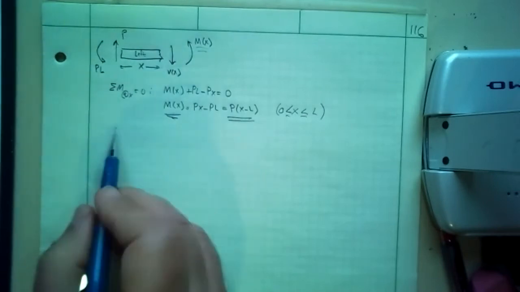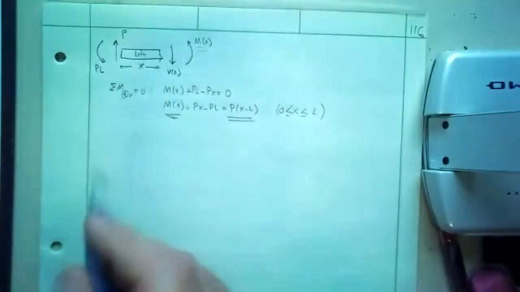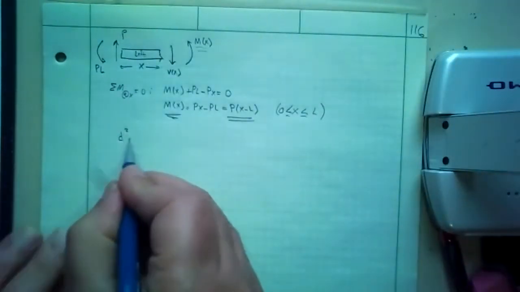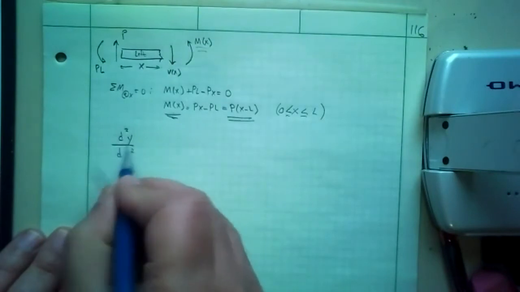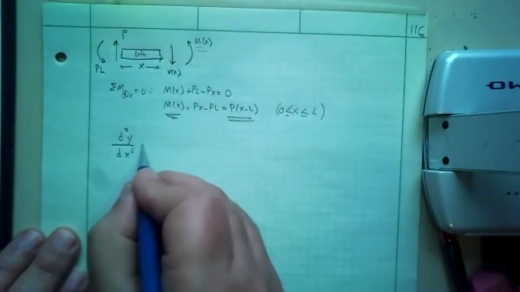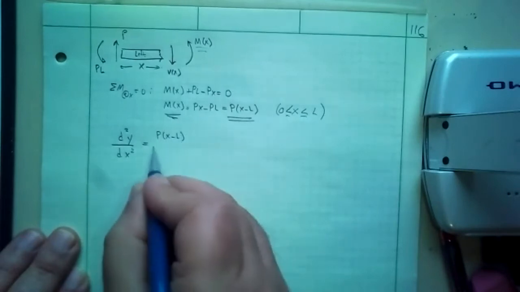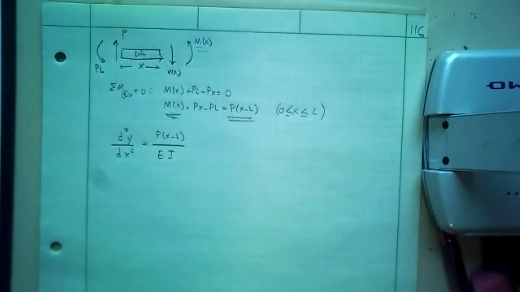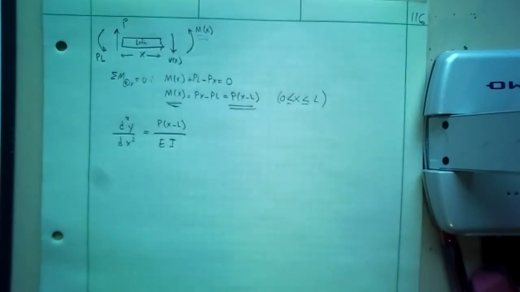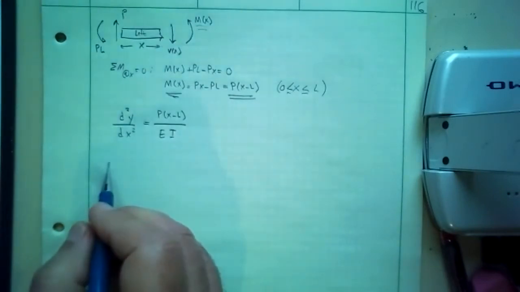Okay, so now I'm going to use my governing second order differential equation, which says d squared y over dx squared is equal to the moment over EI. So this is equation 9.4. Multiply both sides by EI.